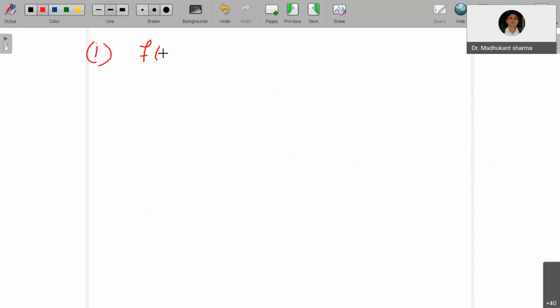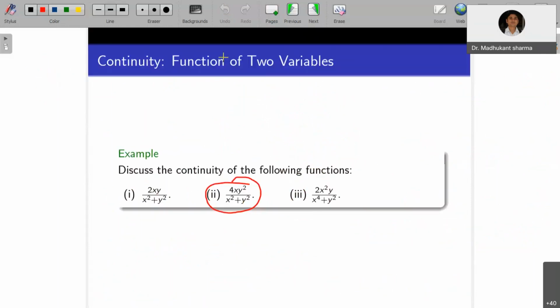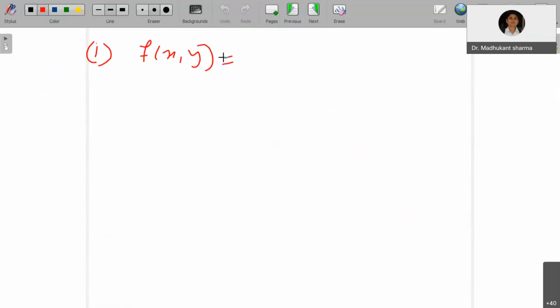So I am given f(x, y) equals 2xy divided by x square plus y square. Now I want to look at the continuity of this function.